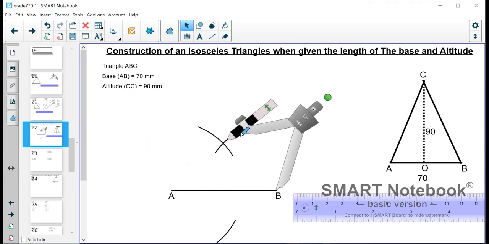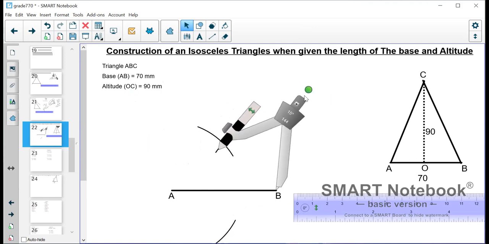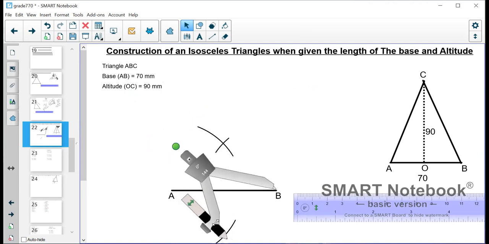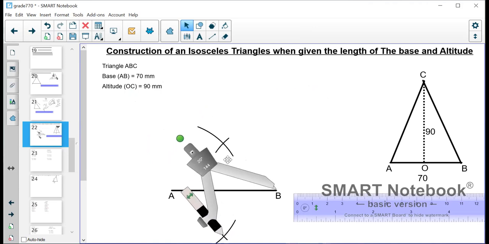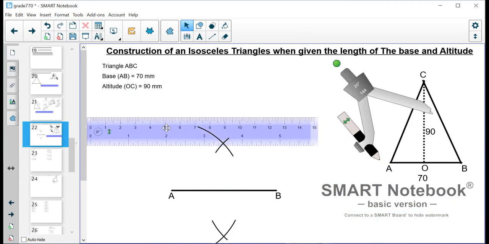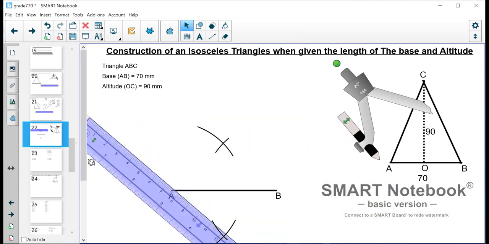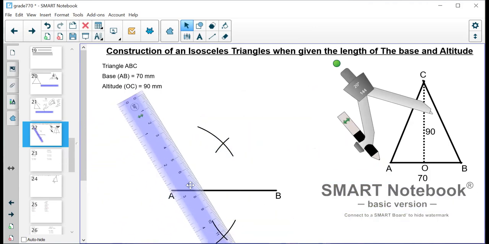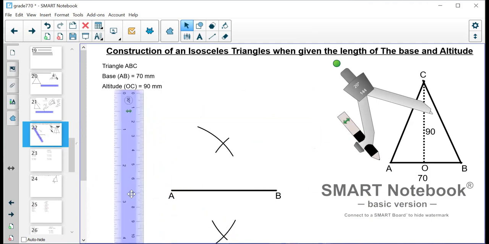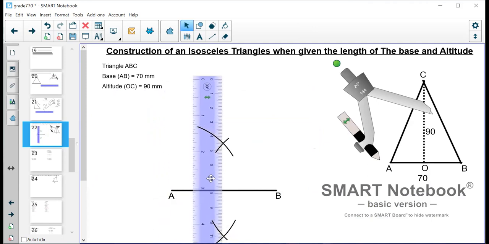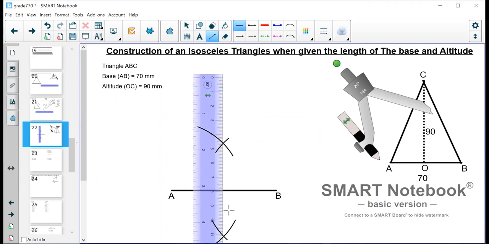So we draw another one on top to intersect, and we draw another one at the bottom to intersect also. Then we take our ruler and we draw a line straight through those two intersections.